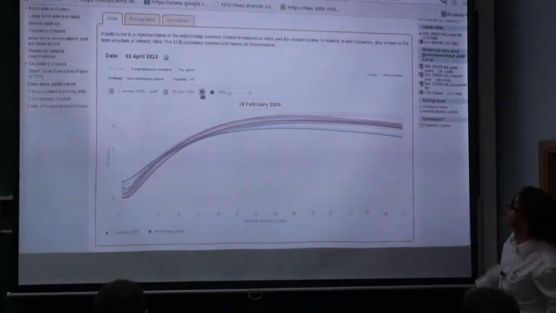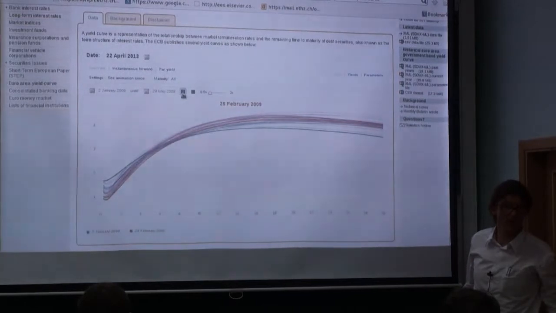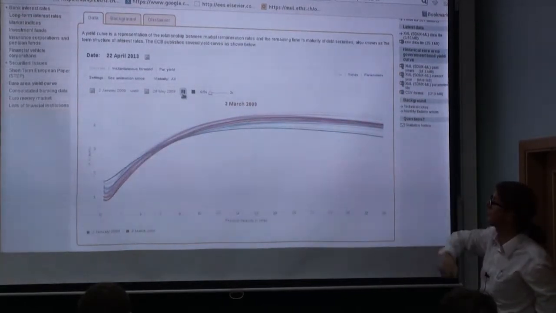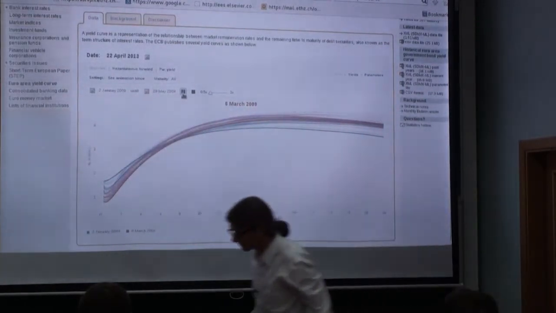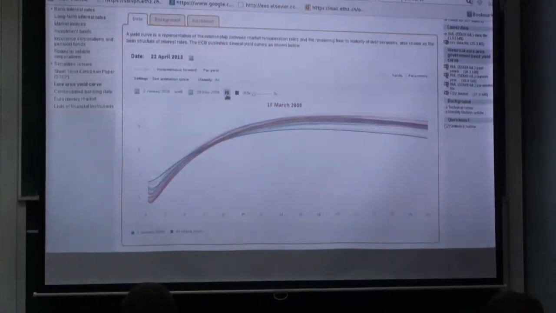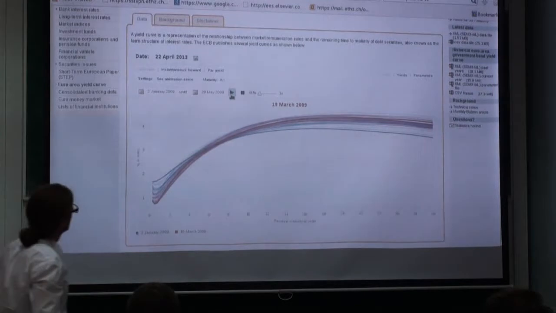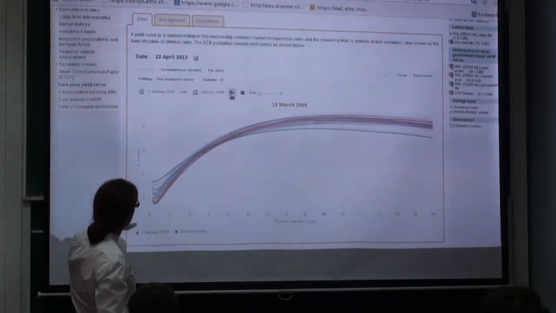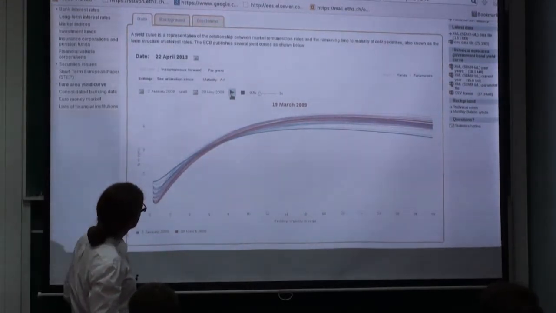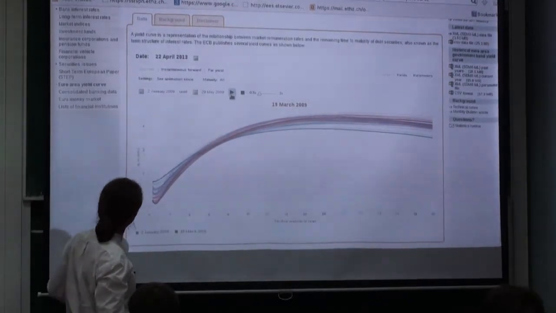This is from the European Central Bank, and this is the yield curve in the euro area at every day. So let's stop it at some point, March 19, 2009, we have a yield curve. One of the curves you see here is the yield curve corresponding to March 19.